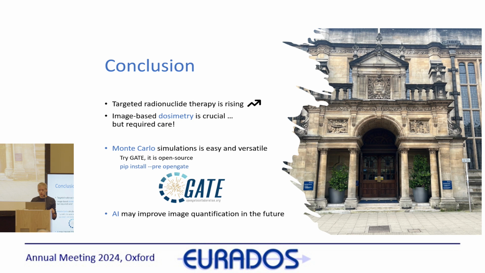I think that Monte Carlo simulation is easier than people could think, and it's very easy to install this version. So please give it a try and send me an email if something is going wrong. And maybe in the future, we think that AI may also improve the image quality, which is the weakest link in this chain.